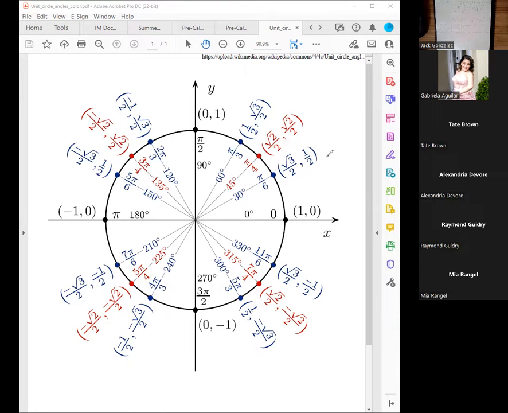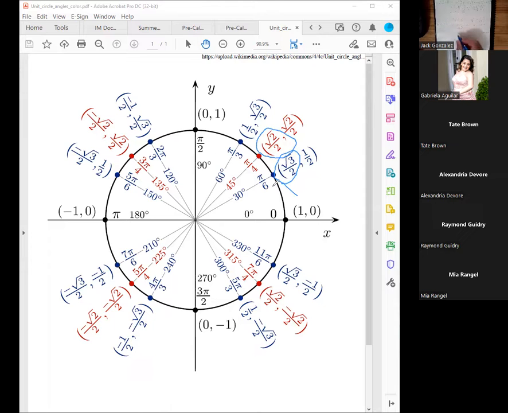Let's see here. For cosine 30, yeah, that's going to be the x value. That's right, root 3 over 2. And for 45, it's the x value right here.